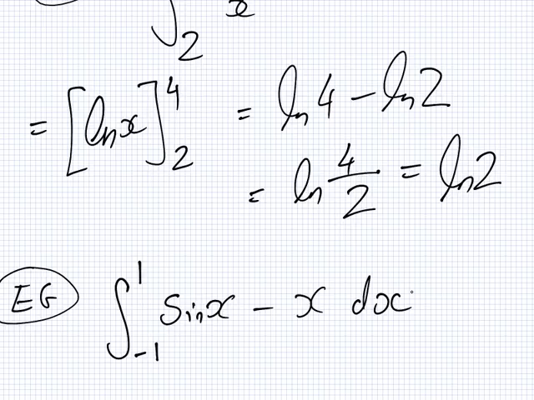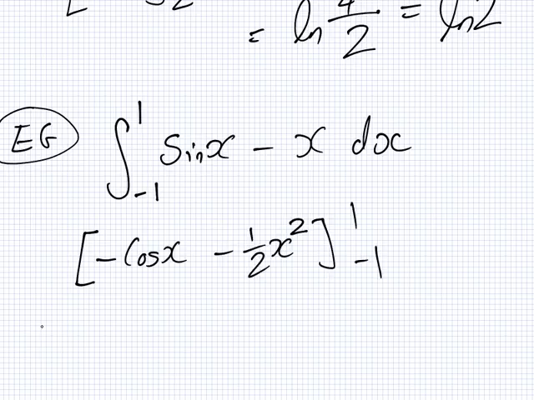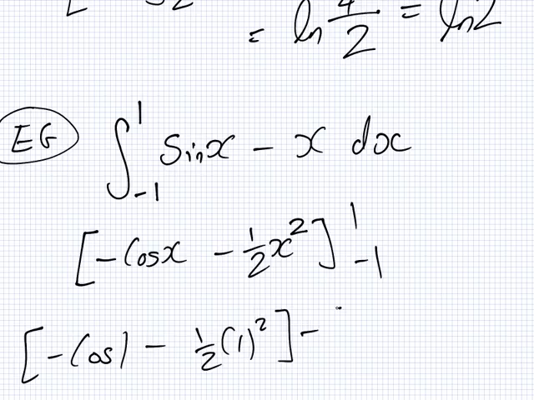Okay, what answer do we get here? 0, yeah. So, what's the antiderivative of sine x? Minus cos x, and then this will be minus a half x squared, from minus 1 to 1. So you put in 1: minus cos 1 minus a half times 1 squared, and then we put in minus 1: minus cos of minus 1 minus a half times minus 1 squared.